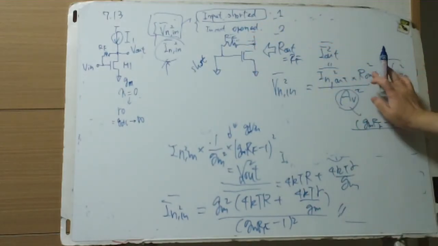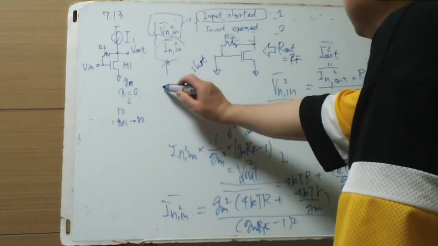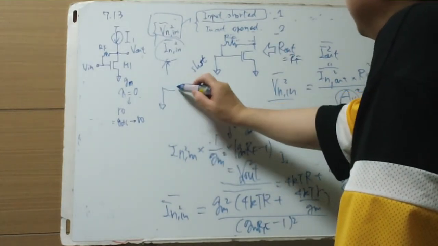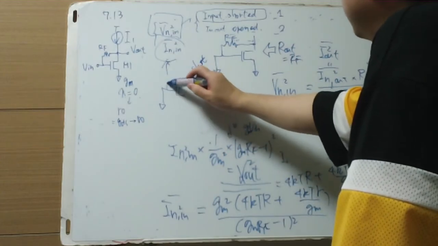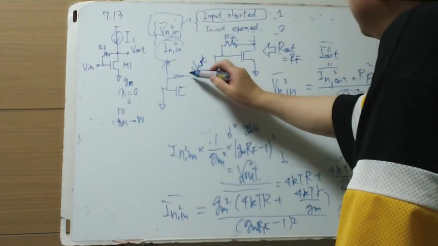So this is RF squared. RF squared times I n out squared divided by (GMRF minus 1) squared equals the input-referred noise power. The I n out squared bar is given the same as the solution using method 1 written in this textbook.